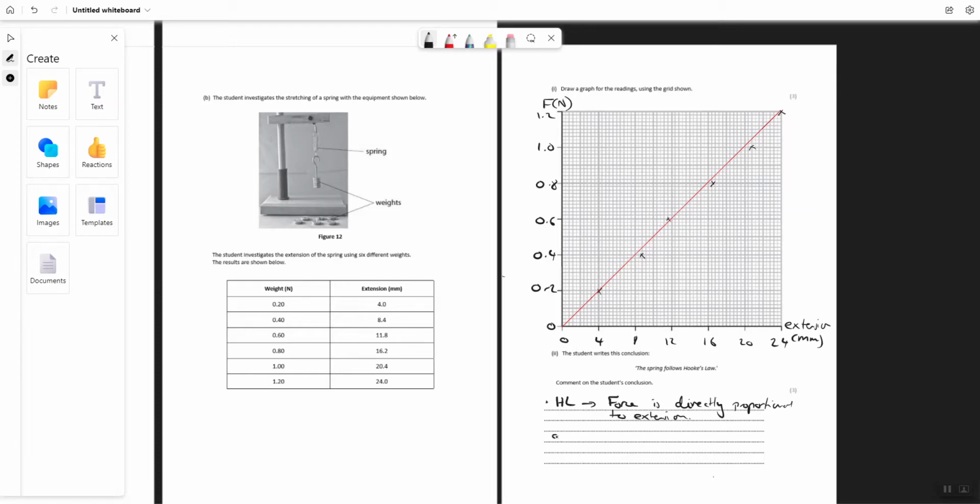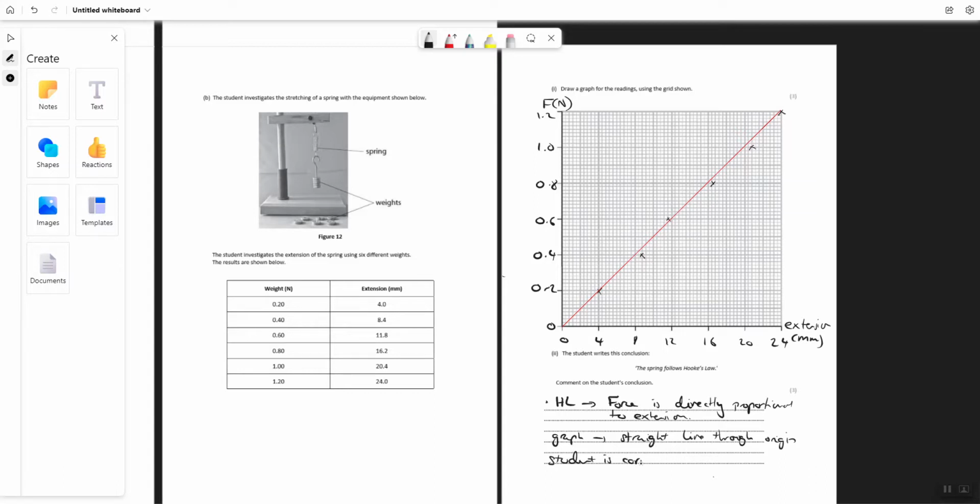Okay, the graph is a straight line through the origin, and if you've got a straight line through the origin, that means that it's directly proportional. So this is proving that this is true. This is backing up this, so therefore the student is correct.